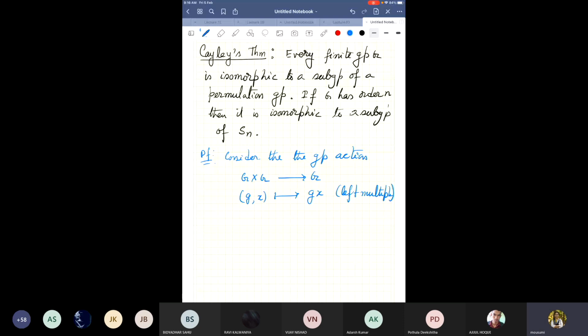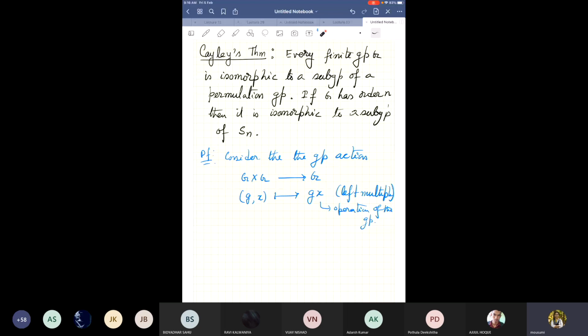So this is nothing but the operation of the group. Okay, now I would like to show that this is isomorphic to a subgroup of the permutation group.